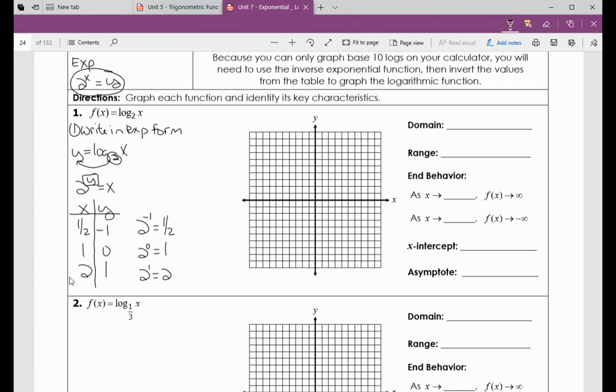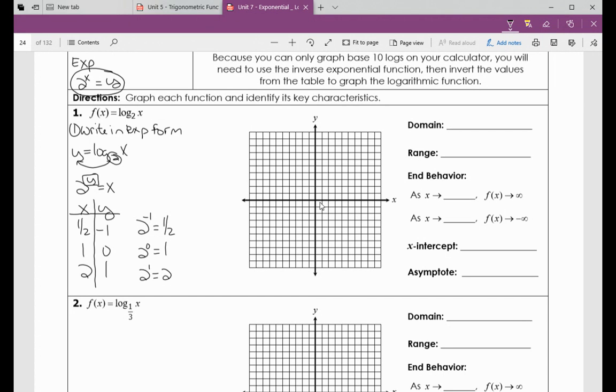So although my numbers are reversed from what we did the other day, they're supposed to be reversed, because when I rewrite a logarithm in its exponential form, I should have y as my exponent and not my x. So now I'm going to plot these points.